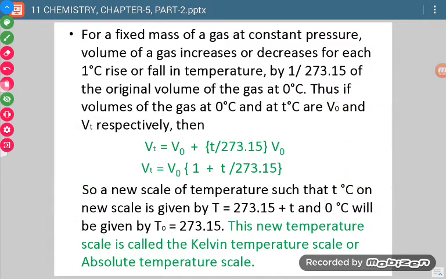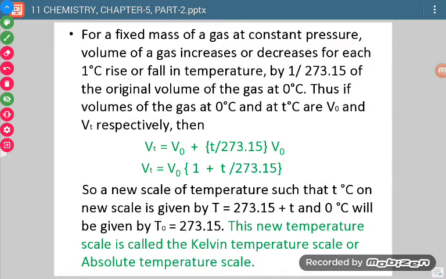Okay, so what is said here is that when we increase the temperature by 1 degree Celsius or decrease the temperature by 1 degree Celsius, then the volume of gas increases or decreases by 1 by 273.15 times the volume of gas at 0 degree Celsius.